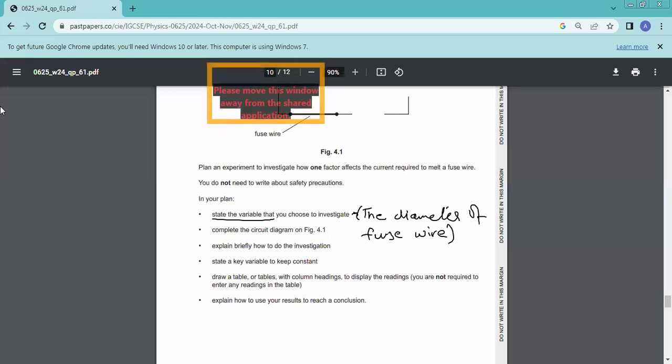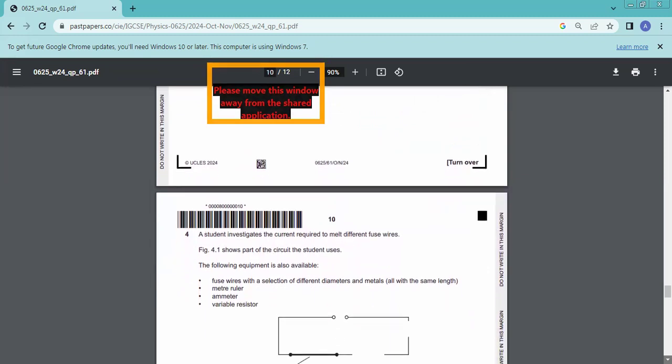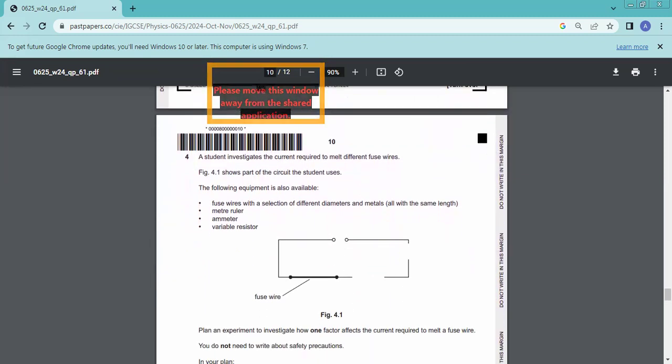Next, we have completing the circuit diagram. When we move on to the circuit diagram, it is completed by adding an ammeter in series with the fuse wire.